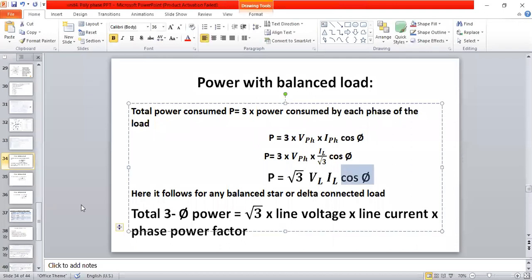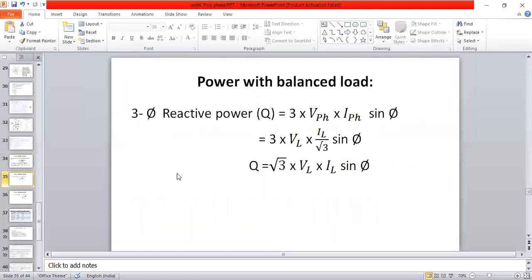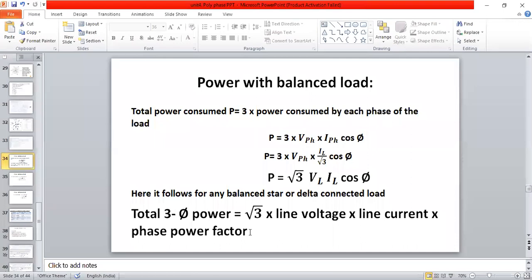So the power factor, that is the power with balanced load. Is it clear? Okay. Next, we have just discussed active power.